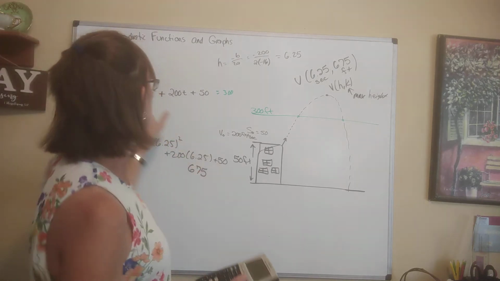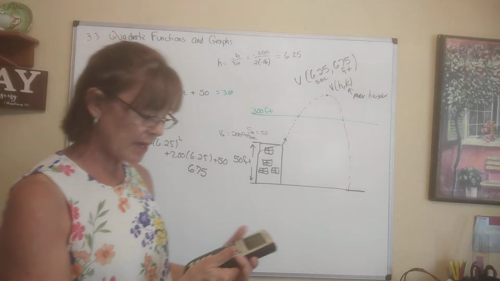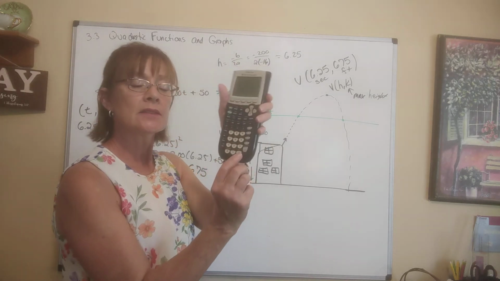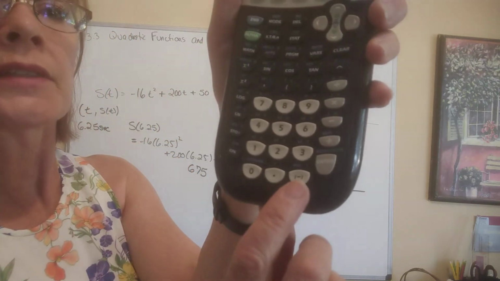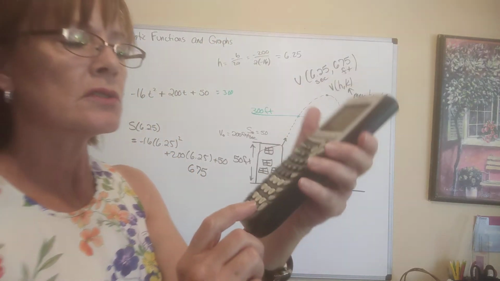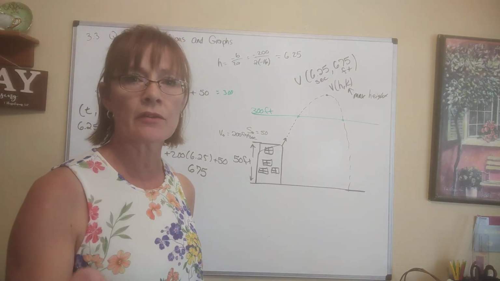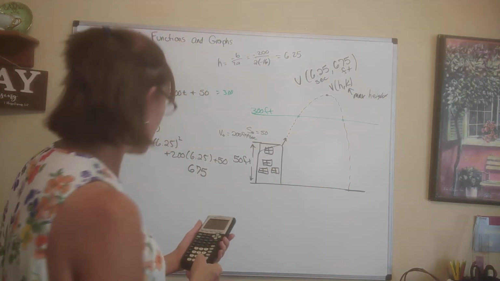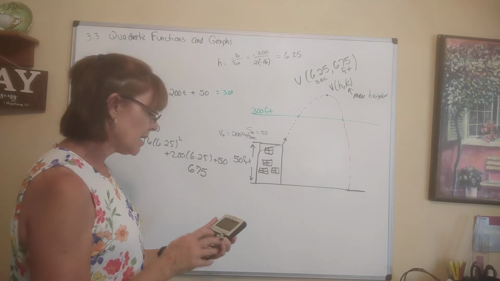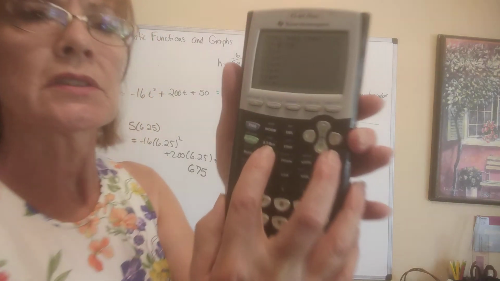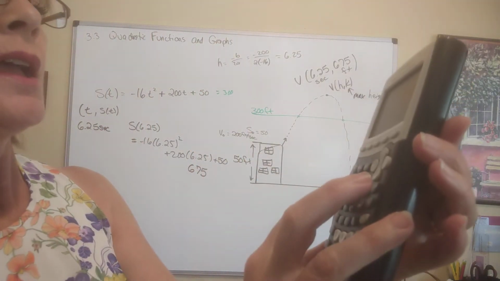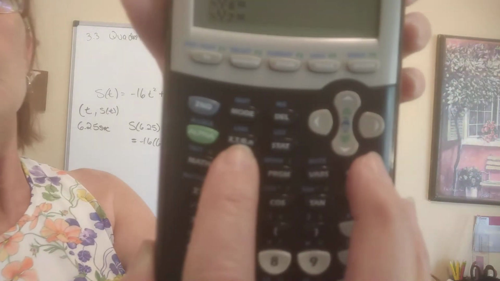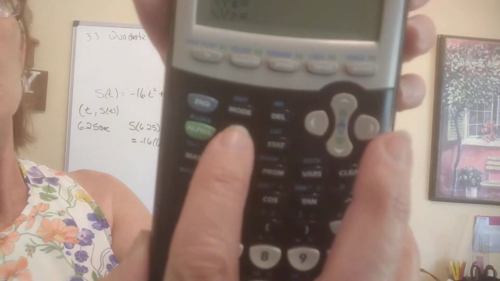When you lead with a negative, you want to use the negative key at the very bottom. If you use the minus sign, it'll say error, so don't use that one. So say negative 16. Then you want to hit your variable button, which is this button right here. It says X, T, theta, n. Press that one.